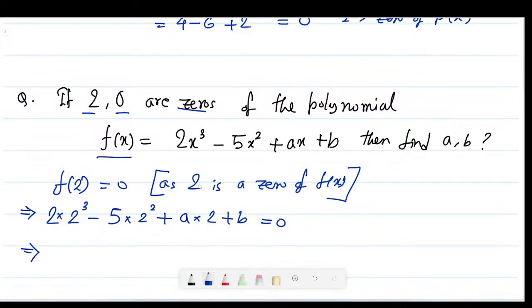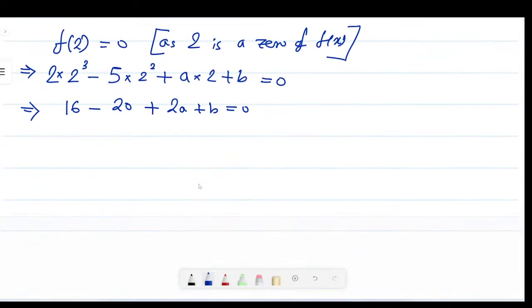So we have 16 minus 20 plus 2a plus b, so that implies 2a plus b equals 4, and I am naming this expression as 1.